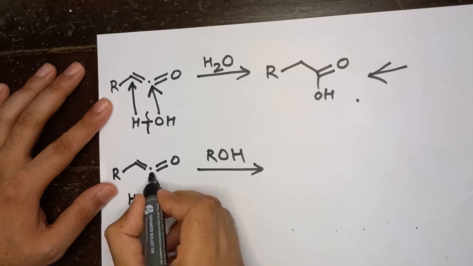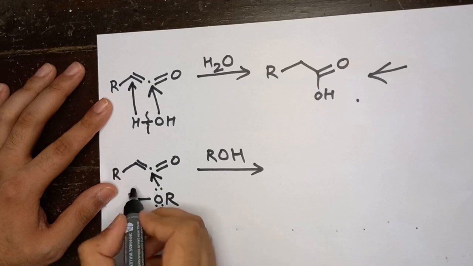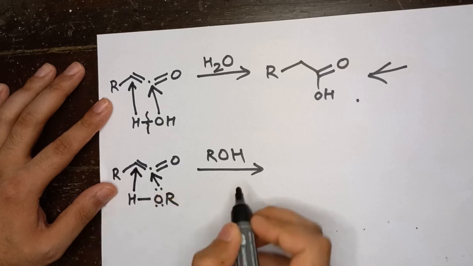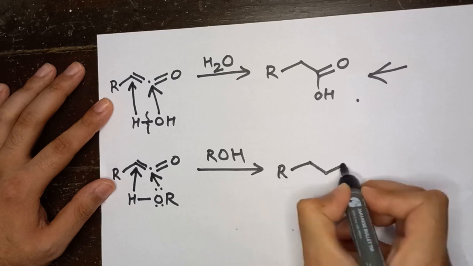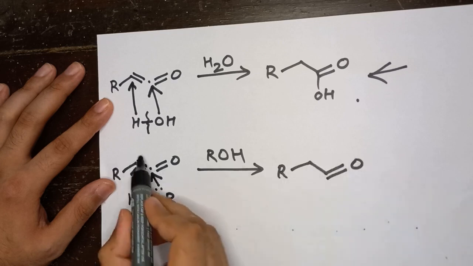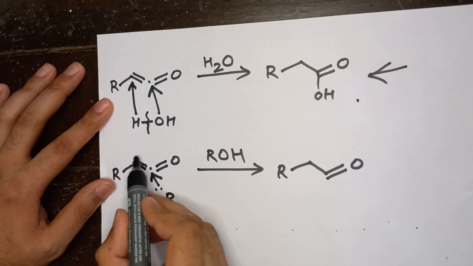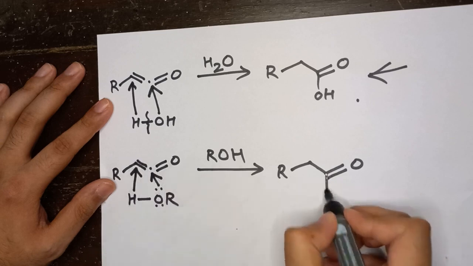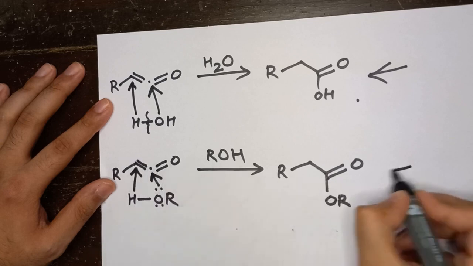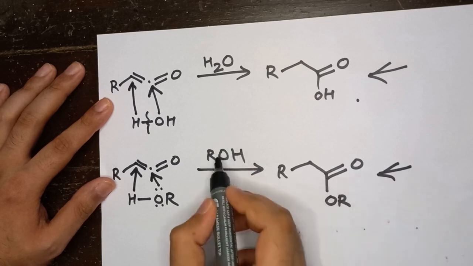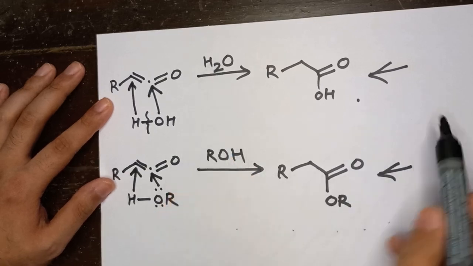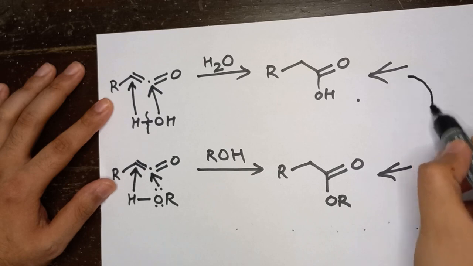I will add my oxygen part at this ketene carbon and hydrogen at this unsaturated carbon. And the product I'm going to generate, and also you have to make this double bond saturated, is an ester, this time by using alcohol. So by changing water to alcohol, we are converting acid into ester.